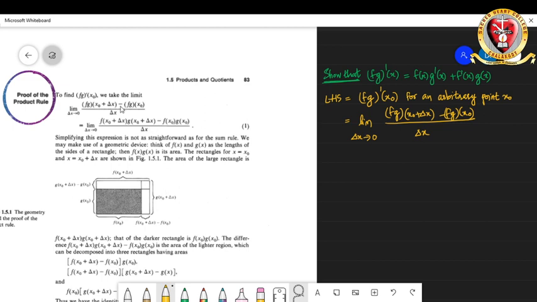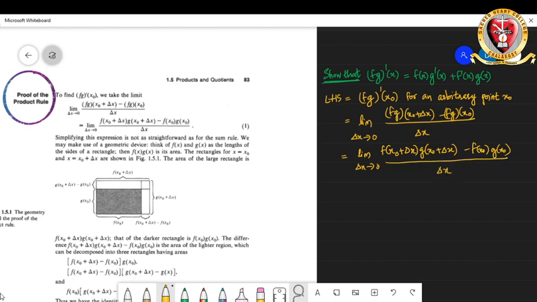So that is what is written here, and that is equal to limit of delta x tends to 0. Use the definition of the product. So you get that is equal to f of x naught plus delta x into g of x naught plus delta x minus f of x naught into g of x naught the whole divided by delta x.